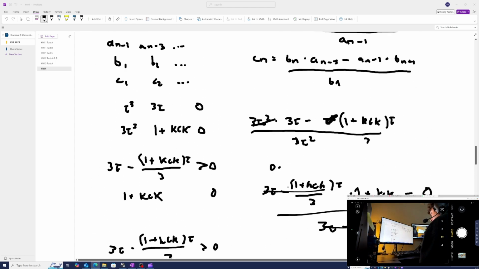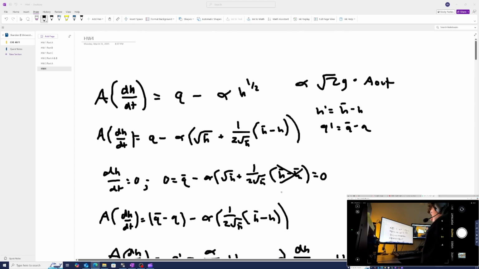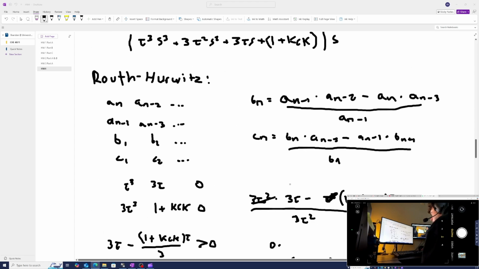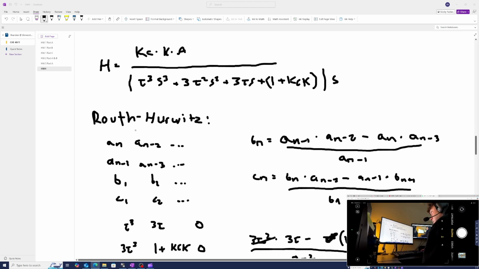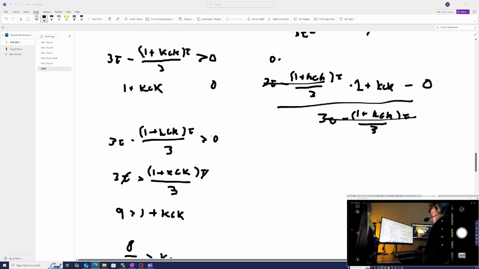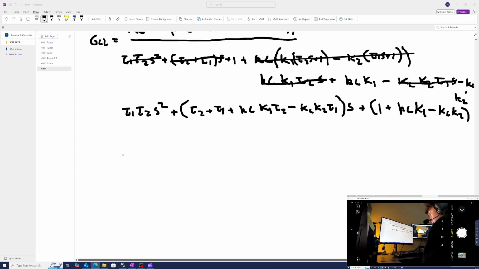Using our Routh-Hurwitz stability analysis we used previously, we know our an minus 1, an minus 2, an minus 3. So we'll move our terms into this form. Our first term, an, is going to be tau 1 tau 2.